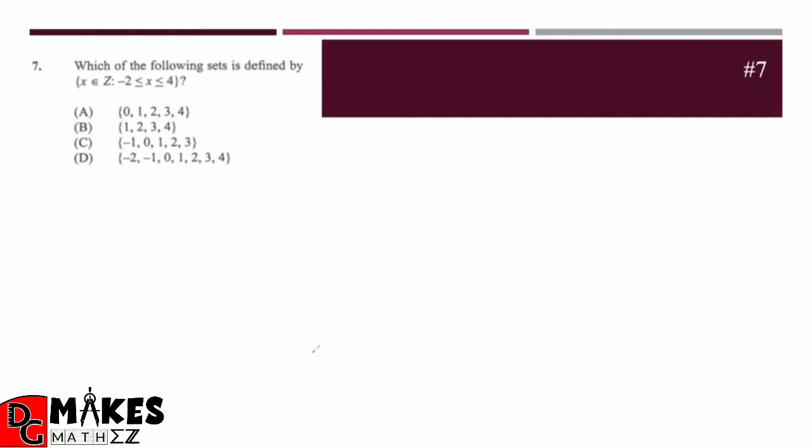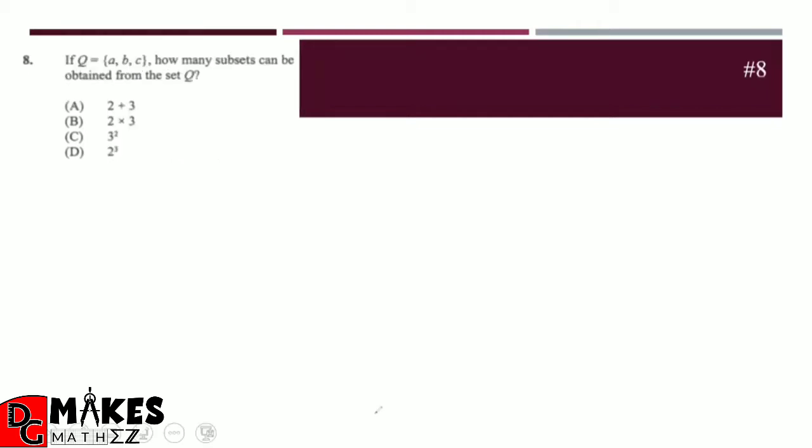We have now question 8 to move on to. I love this one. Question 8 says, if Q is a set of the letters from A to C, letters of the alphabet, so we have the set A, B, C, how many subsets can be obtained from the set Q?